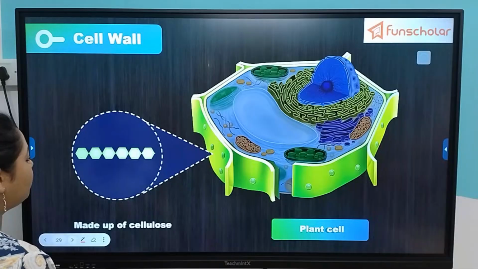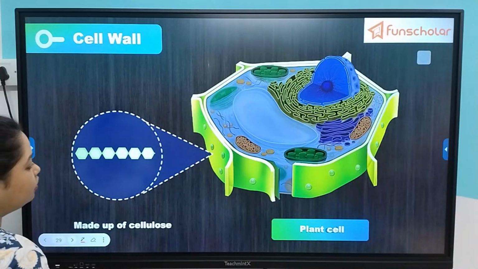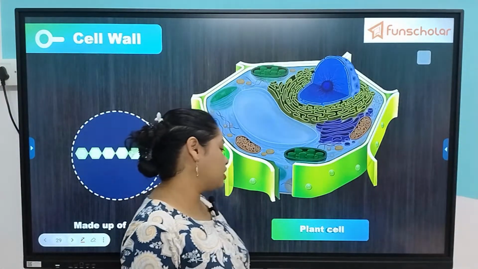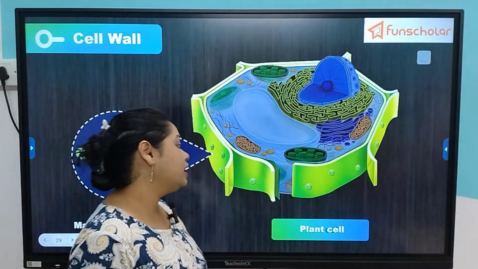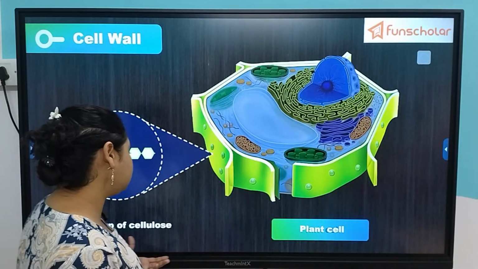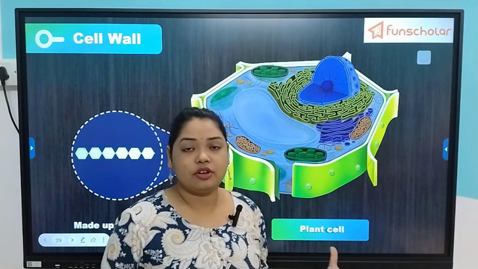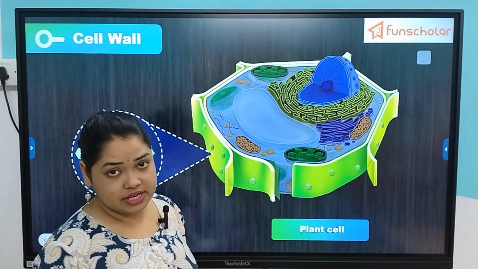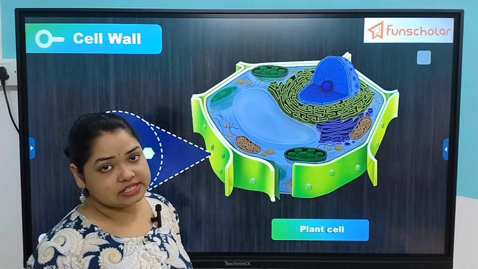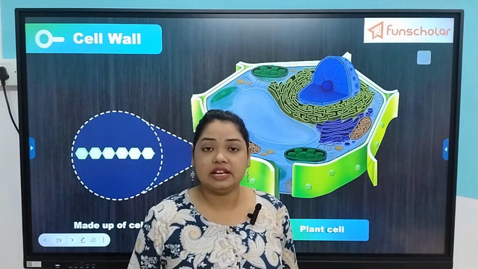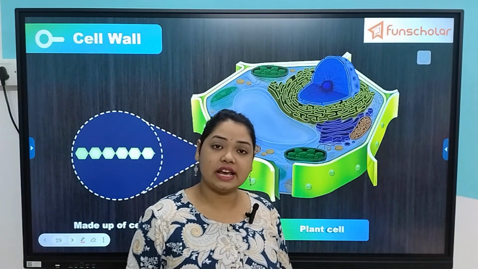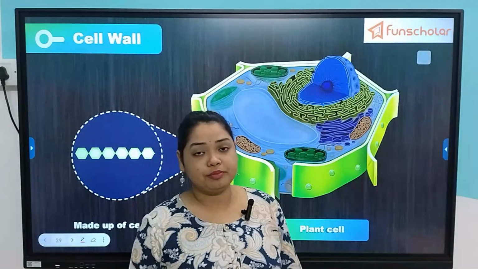Now coming to the cell wall. Cell wall, which is another cell organelle discussed in the video, is made up of cellulose in case of plant cells, because for other types of organisms such as fungi, the cell wall is made up of chitin, and for the chlamydomonas algae, the cell wall is made up of peptidoglycan.